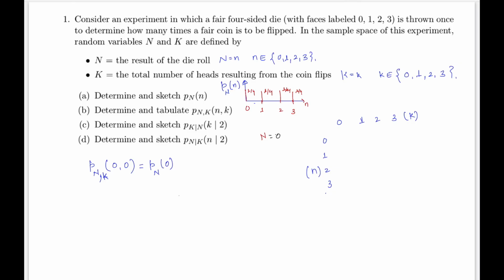So this event has occurred. Once this event has occurred, that means this random variable n takes the value 0. What's the probability that k will take the value 0? So here we are talking about the conditional probability of random variable k under the event where random variable n takes the value little n.